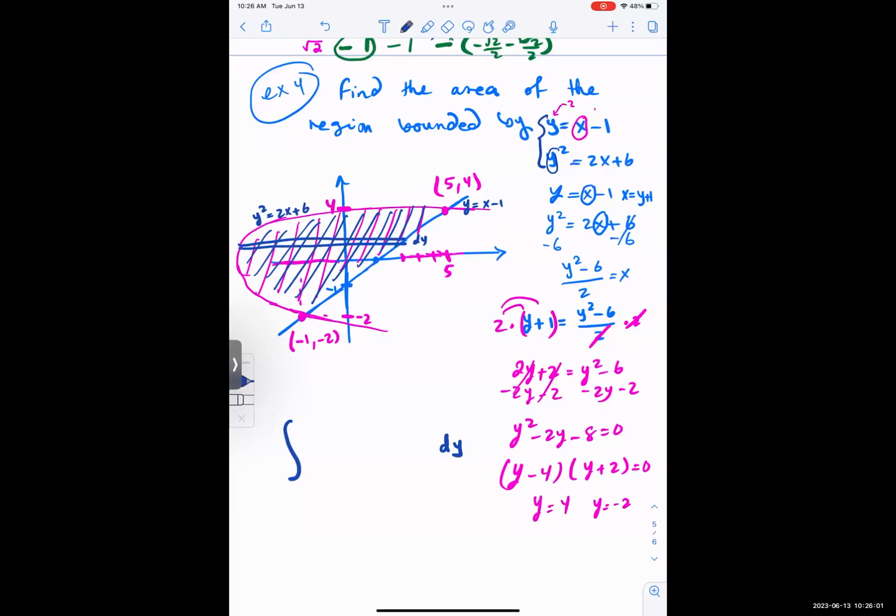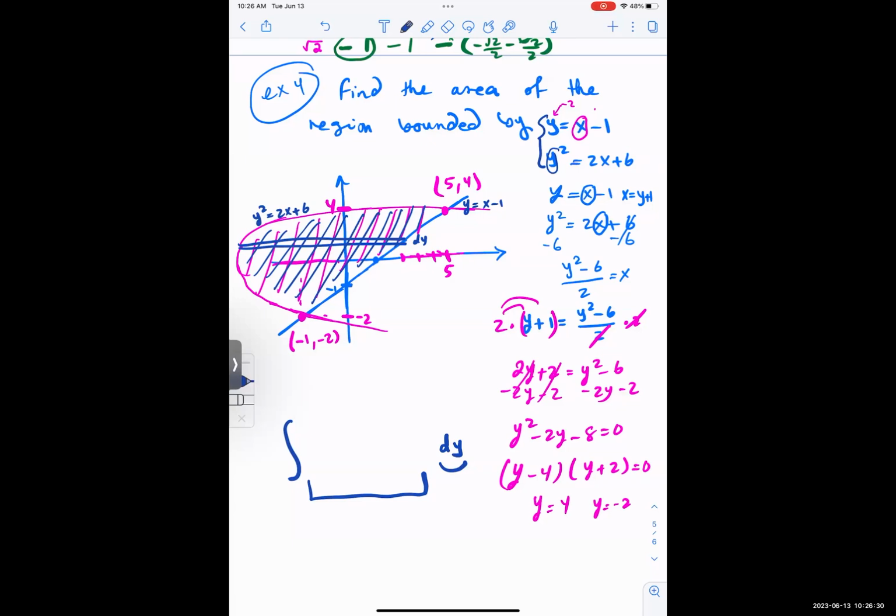Here's what you need to pay attention to. So that's why I brought up this example before moving to 6-2. You want to cut dy's. Things that you are writing here must be in terms of x or must be in terms of y. You tell me. Because you are cutting horizontally, so things are dy. So everything has to be in terms of x or in terms of y.